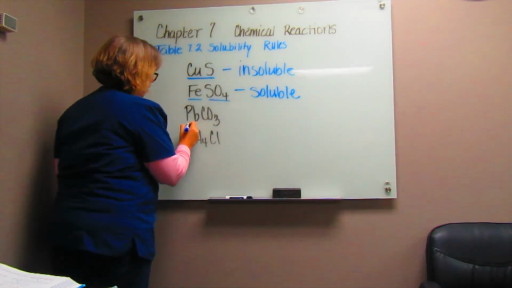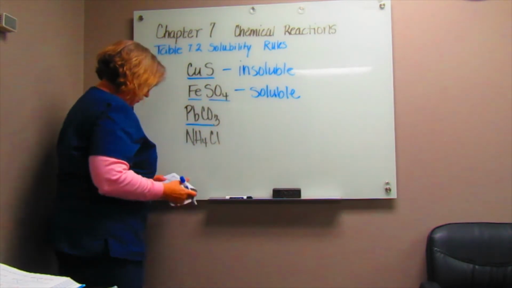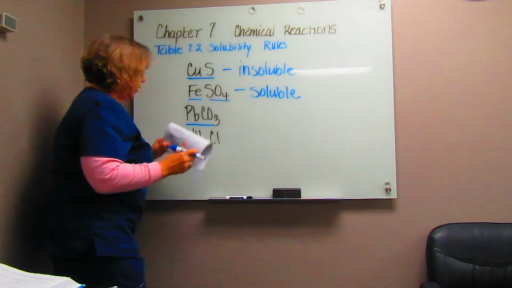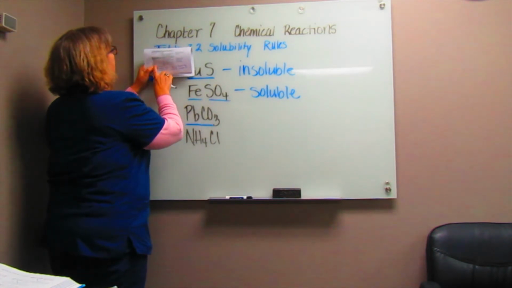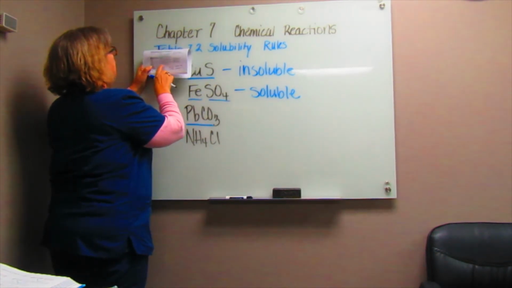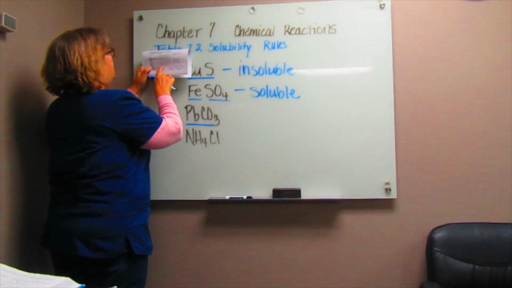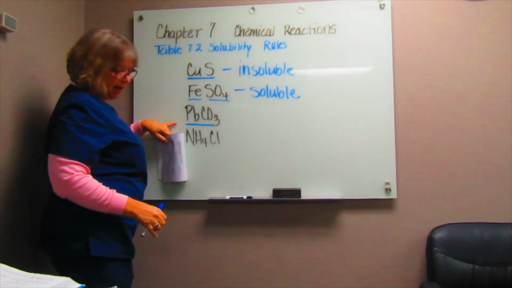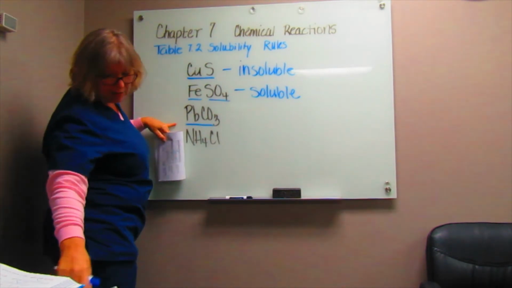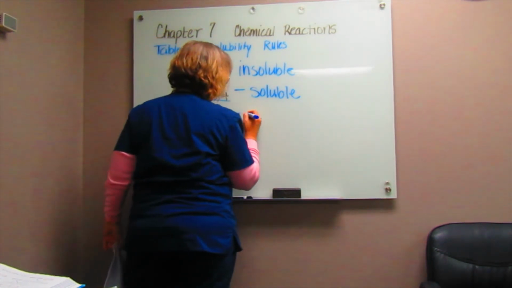Now looking at our lead carbonate, let's see, down here at the bottom in section 2, we have our carbonate, and it says when either of these ions pairs with lithium, sodium, potassium, or ammonium, the compound is soluble. So our lead carbonate is going to be insoluble.